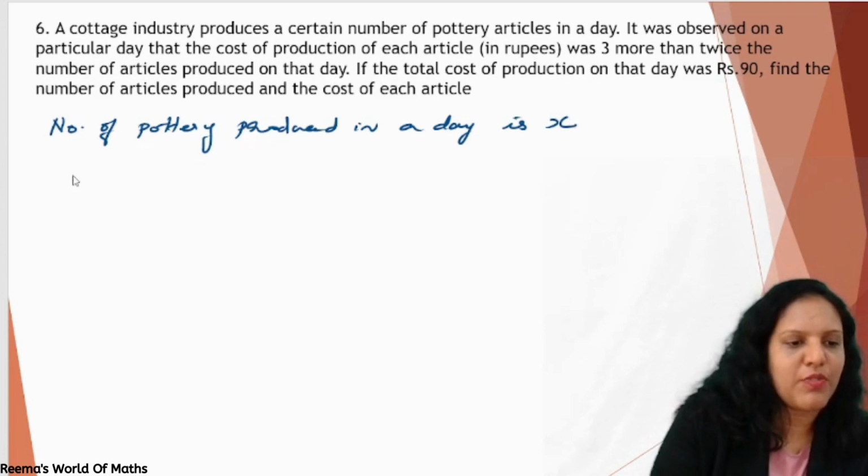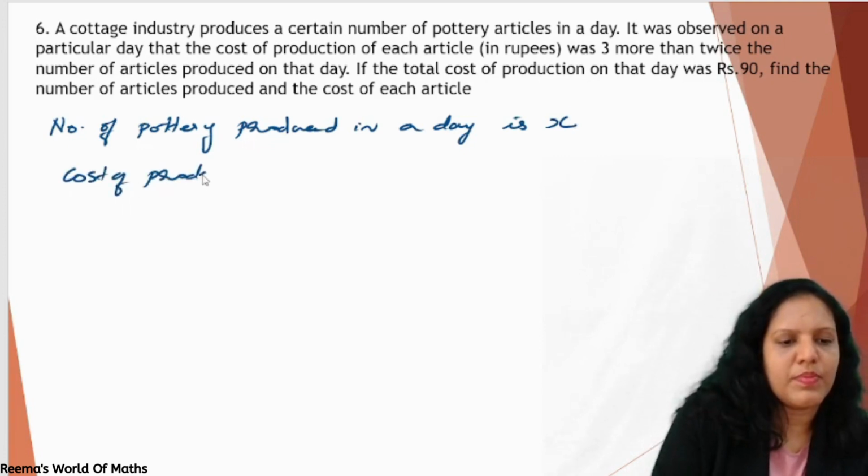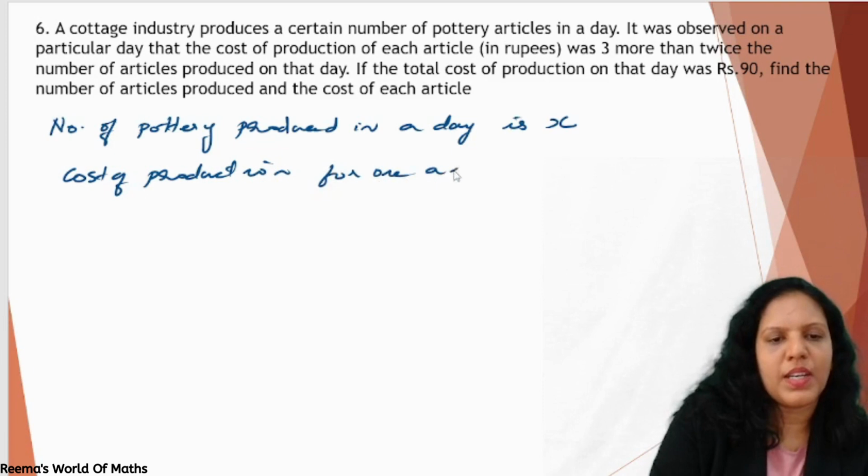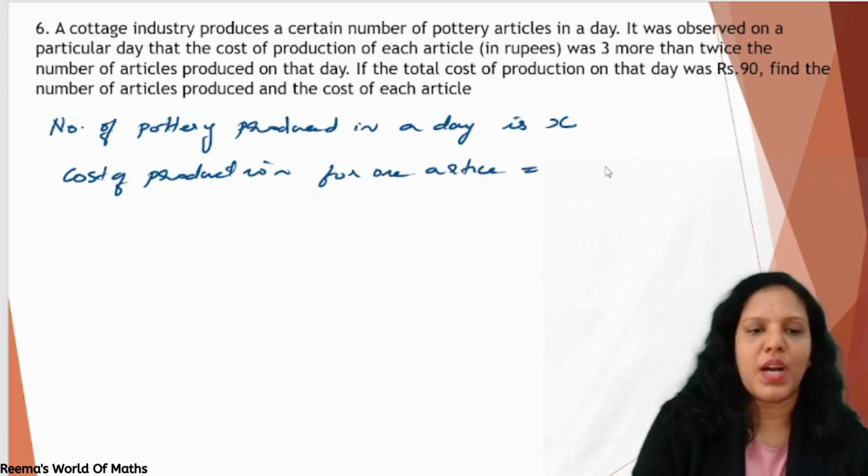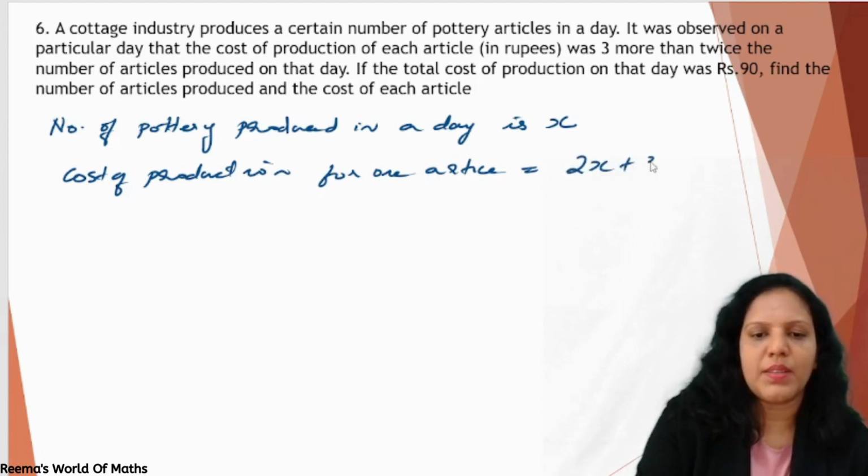So the cost of production for one pottery article is 3 more than twice the number of articles, that is 2x plus 3.